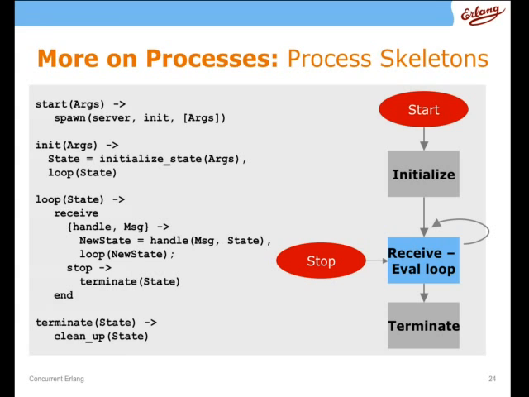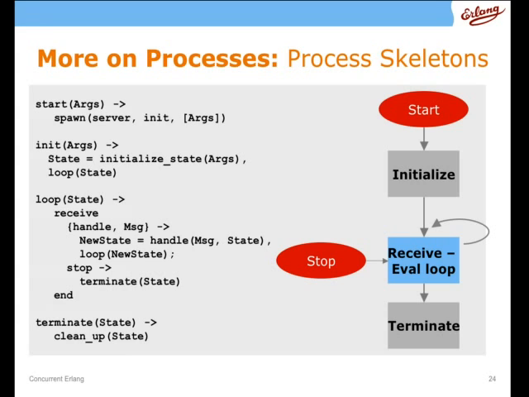And this maps very well onto the example we saw earlier of the function to keep a running total. What we did in the loop body there was that the new state was got by adding the latest number to the running total, and then we called the loop again with that new running total.